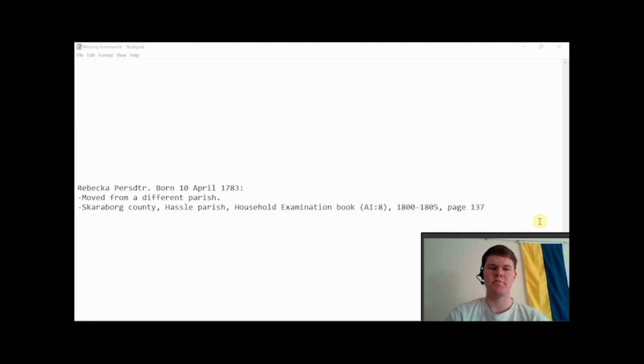Here I have an assignment to practice what you've learned with the moving records. The first thing you're going to do is find this image right here, the one that has her in it. The information is right here in order to find it. Then you're going to find where she moved from. That will take a moving record.